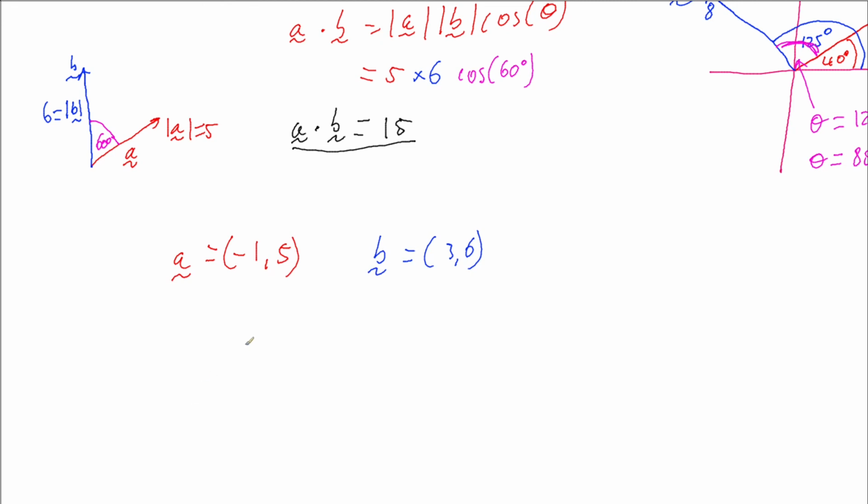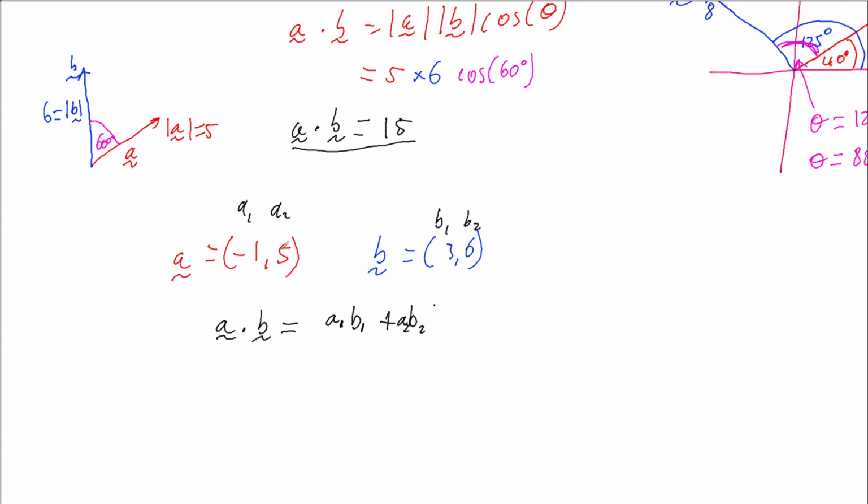There's another rule for component form. If I want A dotted with B, the scalar product, I take the x component A1 of vector A and the x component B1 of vector B and multiply them, and I add on the product of the y components of the two, A2 and B2.